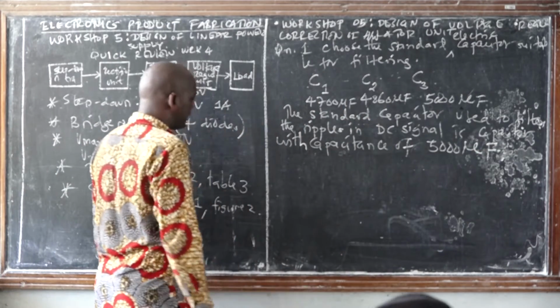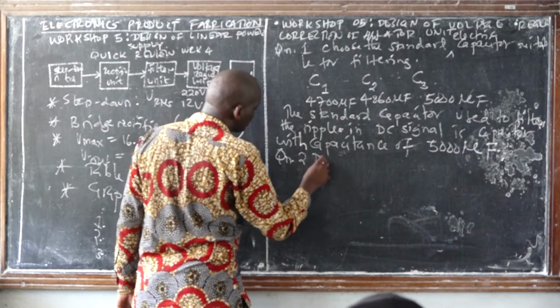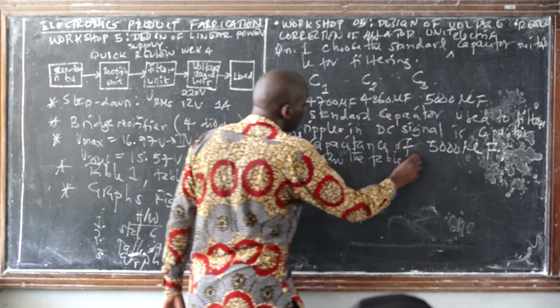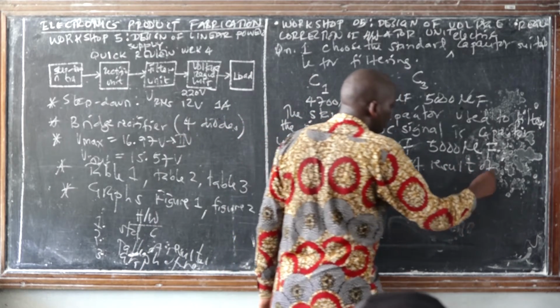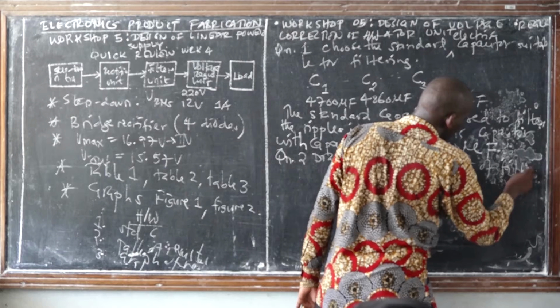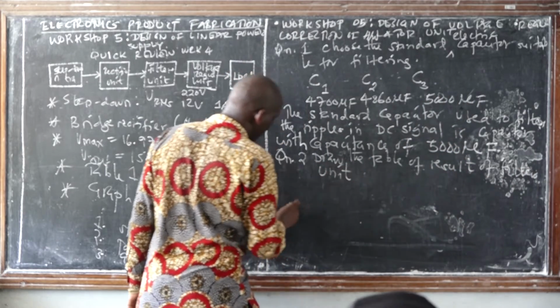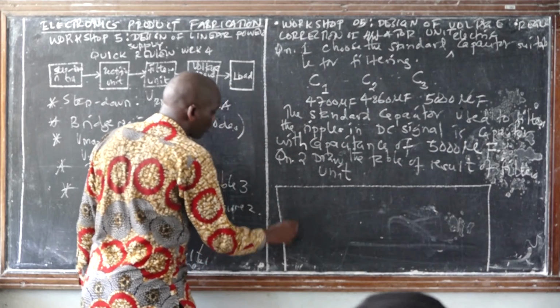Okay. So then the second question was what? Draw what? The table of result of filter unit. Your table, whatever the case, should have 4 columns.